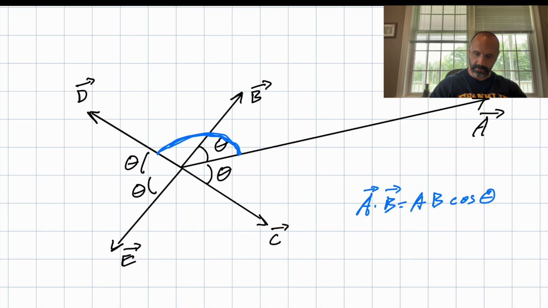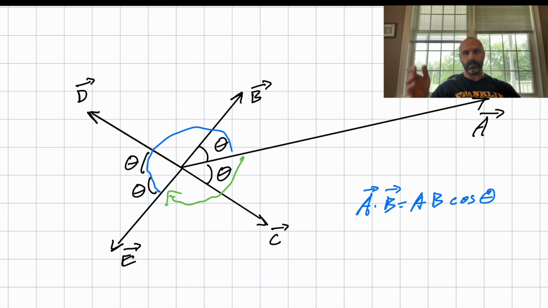Same thing for E. Going around, getting to E, either from here or even if you go the other way, from here, that's going to end up giving you something between pi over 2 and 3 pi over 2. It's putting you in the negative side of the unit circle for the cosine value, for the horizontal value. And so that is also going to give you a negative value for the dot product.